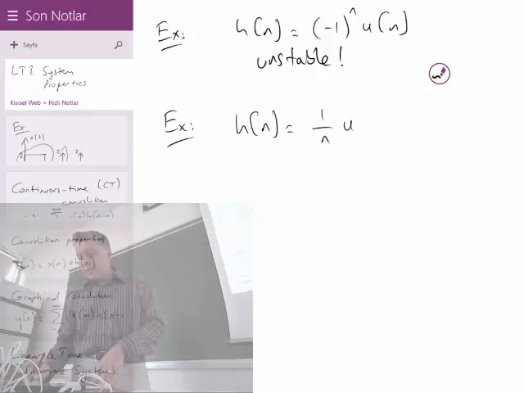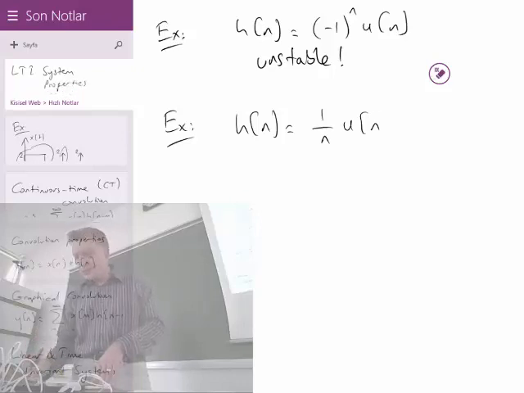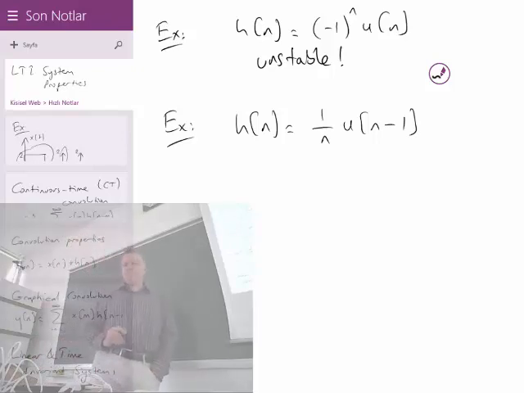One over n u of n. No, one over n u of n minus 1. Is it stable? It starts from 1, then plus 1 over 2, plus 1 over 3, plus 1 over 4. Is that a convergent sum?